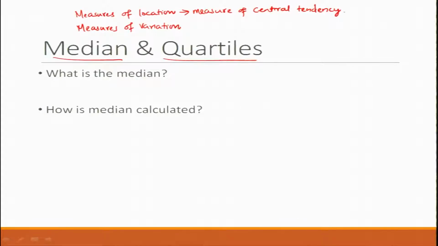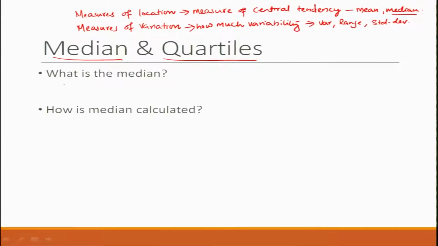A couple of examples would be mean and median; they are all part of the central tendency. And measures of variation tell us how much variability there is in the data. Some examples are variance, range, standard deviation, etc. So, one such measure of central tendency is the median.